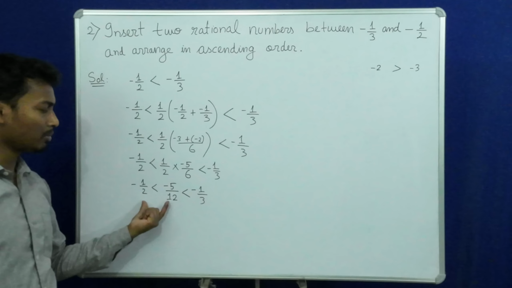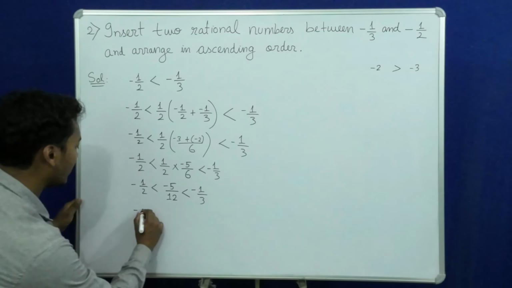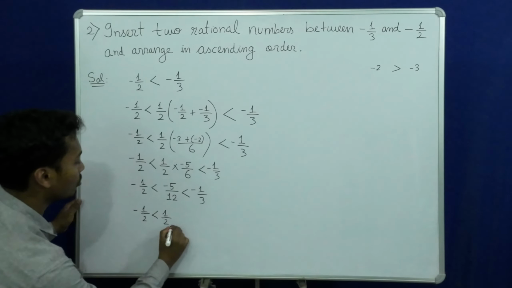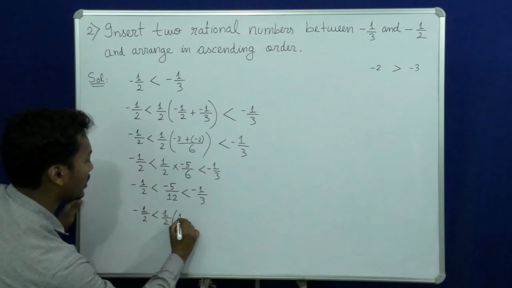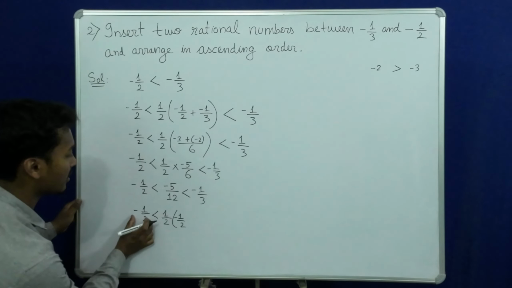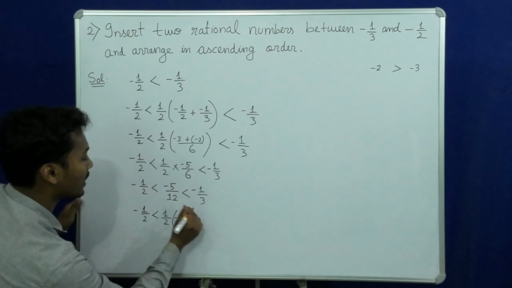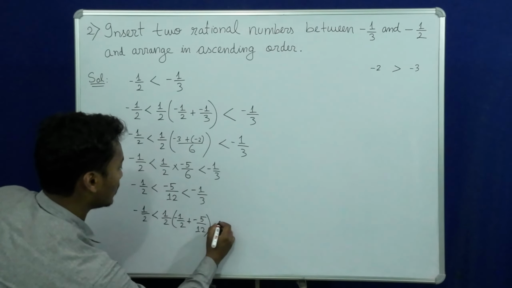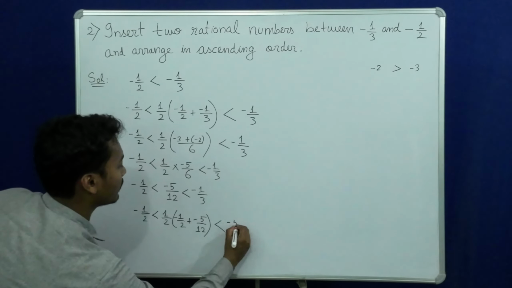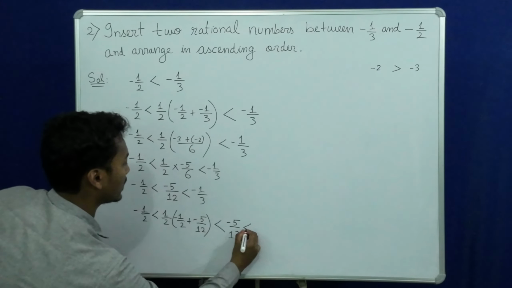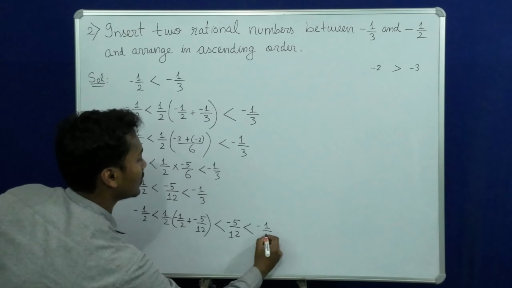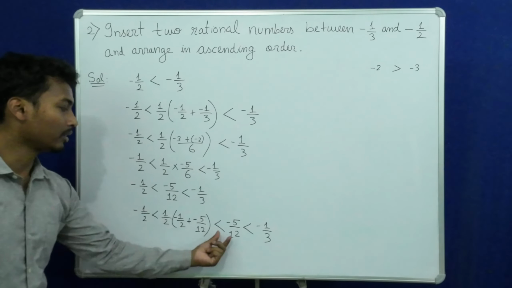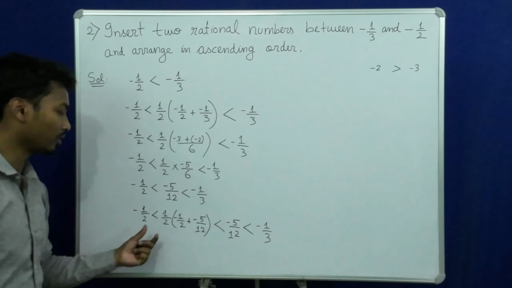So let's find a rational number between these two in this case. -1/2 less than, to find a rational number, let's apply the formula 1/2 times -1/2, which is this rational number, and then plus this rational number, that is -5/12, less than -5/12, less than we have -1/3. So after solving this, we'll get another rational number between this and this, or we can say two rational numbers between this and this. So let's solve it.